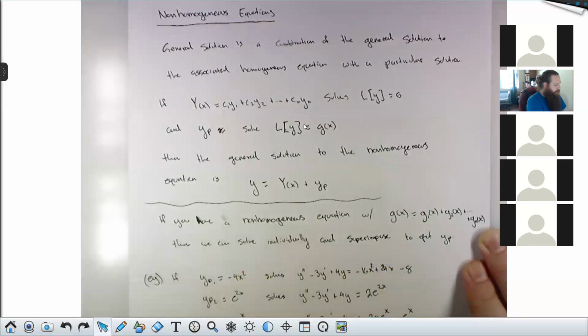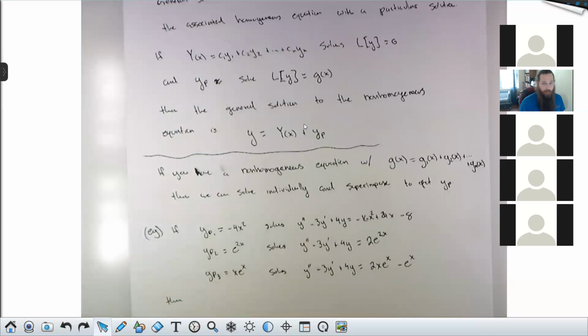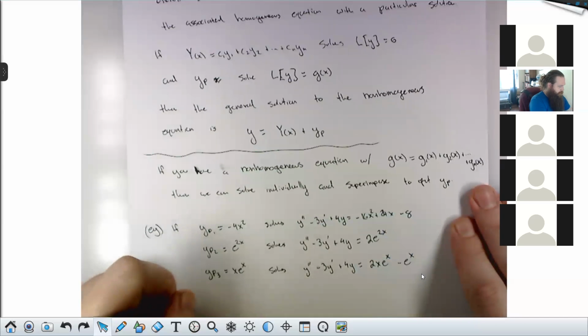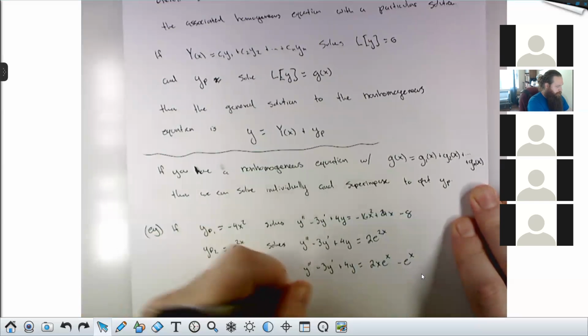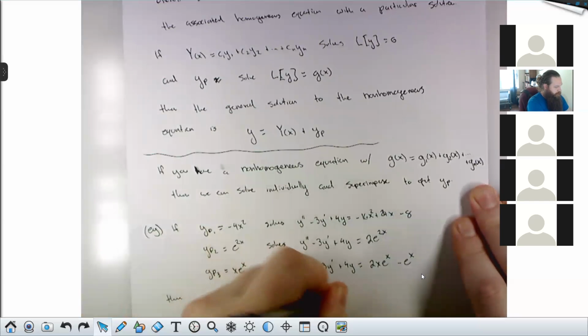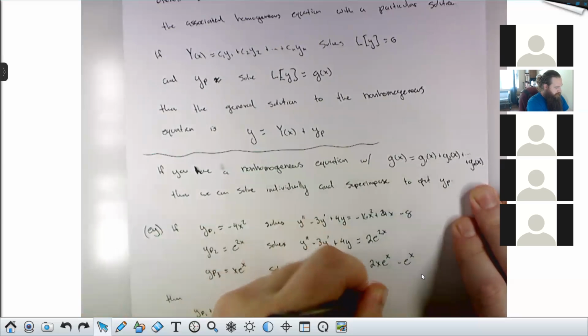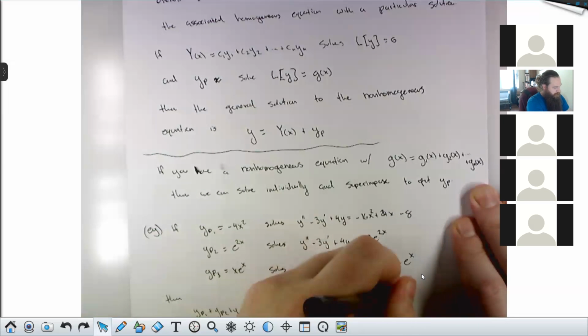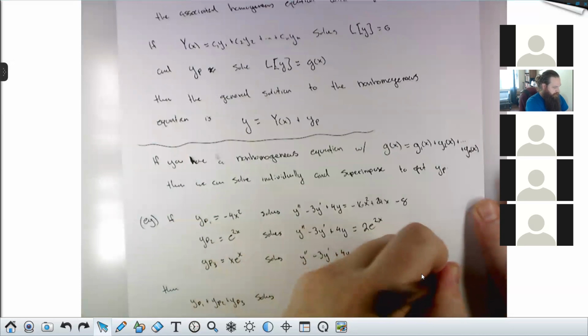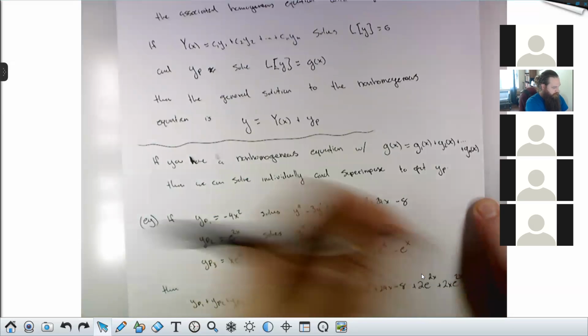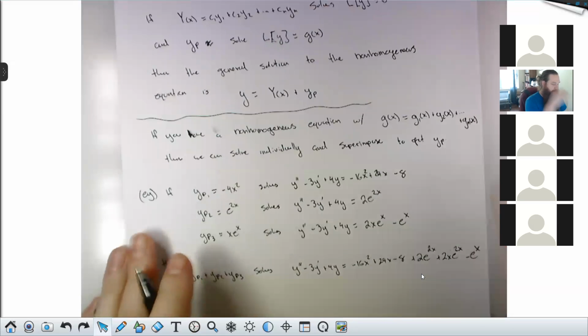Then the sum of these would solve this ODE with the sum of these right-hand sides. Then yp1 plus yp2 plus yp3 solves y prime prime minus 3y prime plus 4y equals negative 16x squared plus 24x minus 8 plus 2e to the 2x plus 2x e to the x minus e to the x.